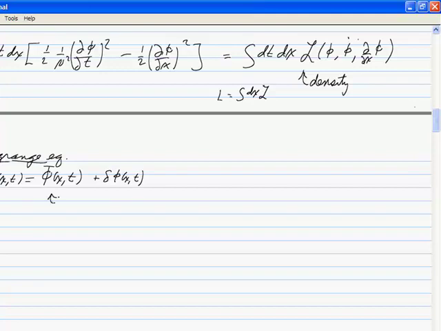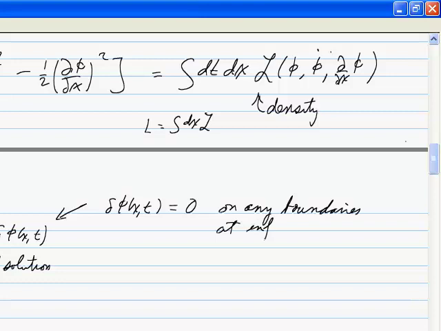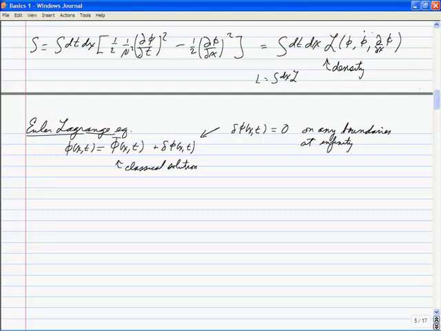So this guy's the classical solution. And typically one sets delta phi of x and t equal to 0 on any boundaries, or at infinity. This is in space and in time.